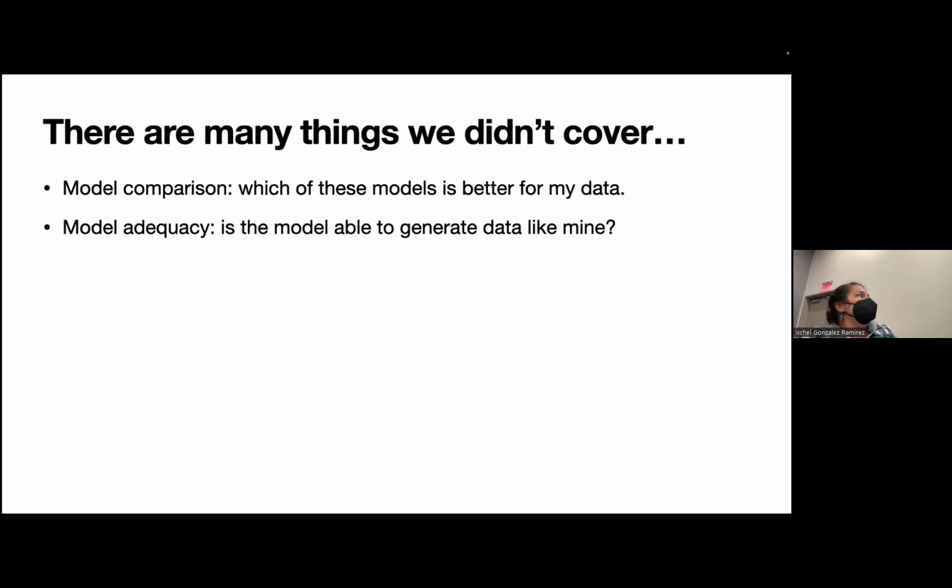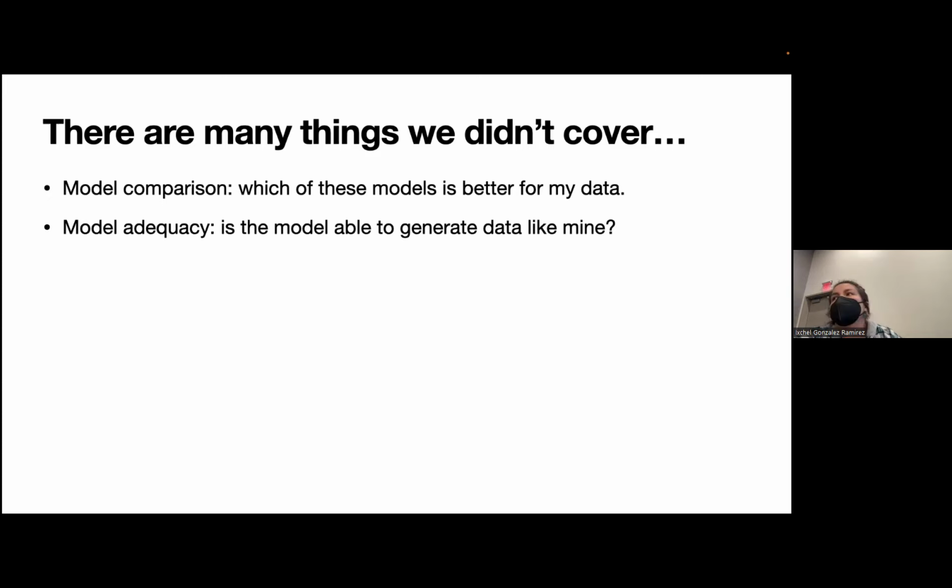So I want the best performing model to be able to generate data like mine. What this does is run my model with my parameters and give me data, and I can compare that data with my data and see how similar they are.